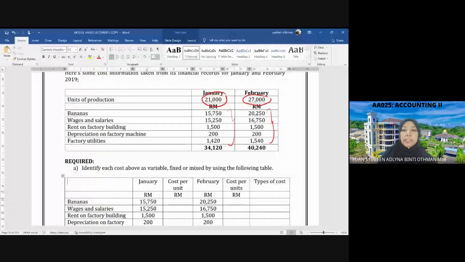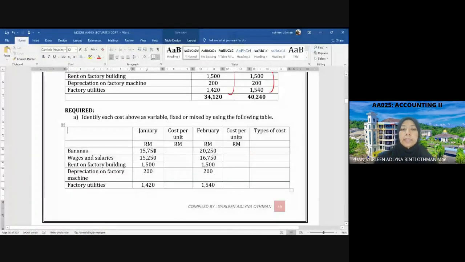Okay, the first thing I need to do is for January. So untuk January, banana tu 15,750. So madam akan bahagi, I'll divide semua cost ni dengan 21,000 because I need to find the cost per unit.